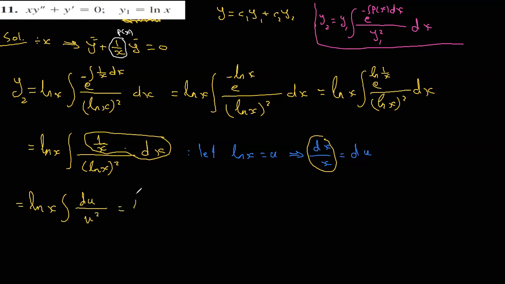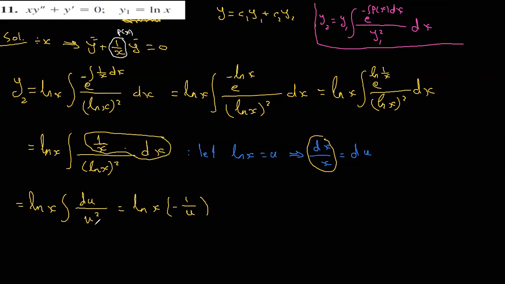So equal. Do you remember this integral? It's a famous integral. Du over u squared. It is what? Minus 1 over u. Yes, doctor. Great. So it is negative 1 over u.